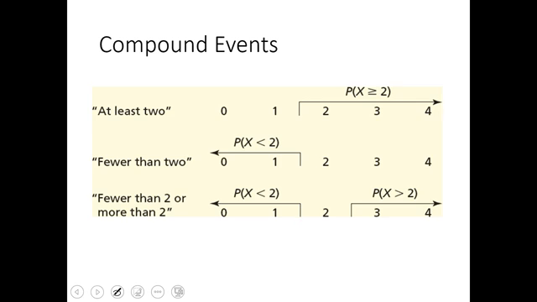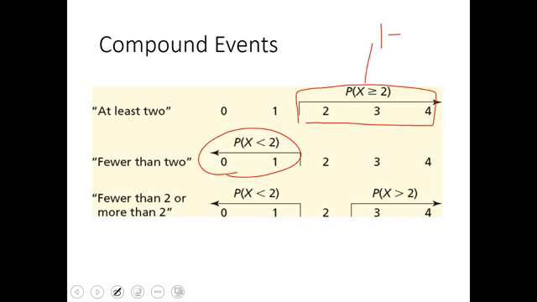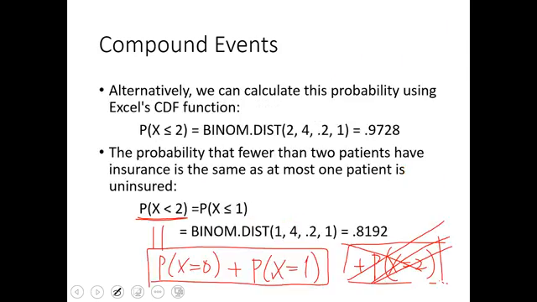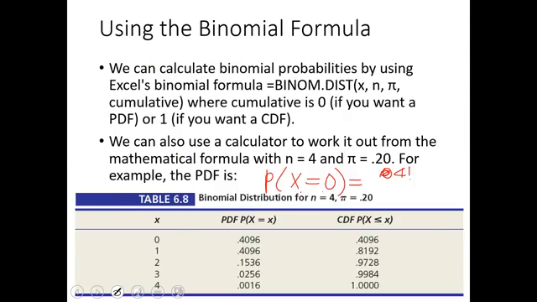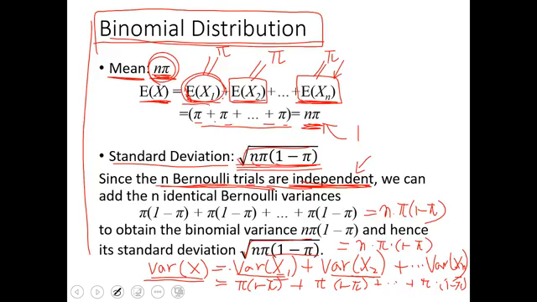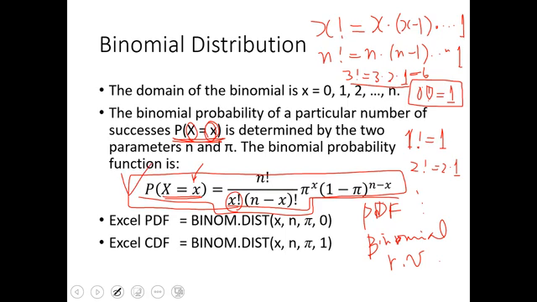So if you want to know this probability, we consider 1 minus the probability that x is less than 2, which is the same as 1 minus the probability that x is less than or equal to 1. And this probability can be calculated by this equation. Okay?